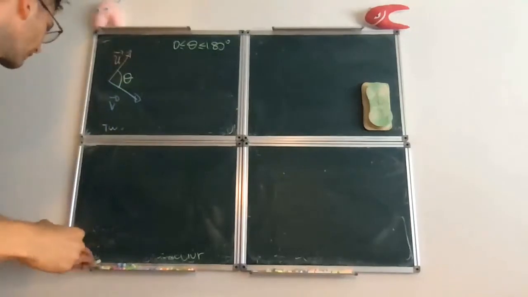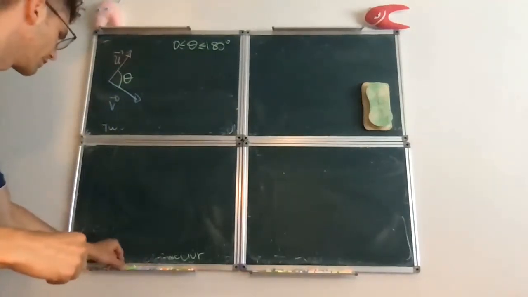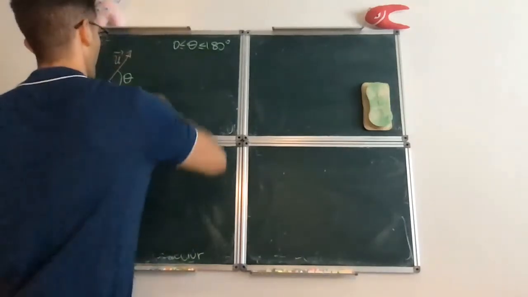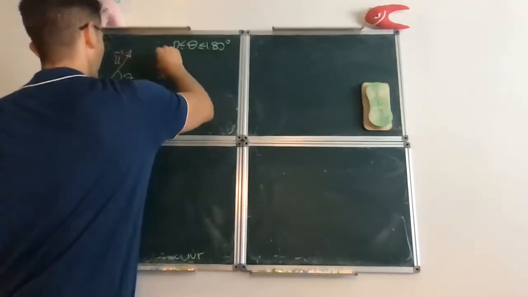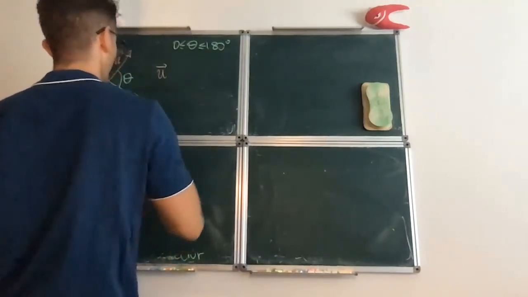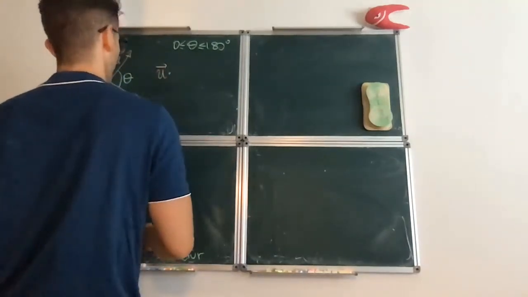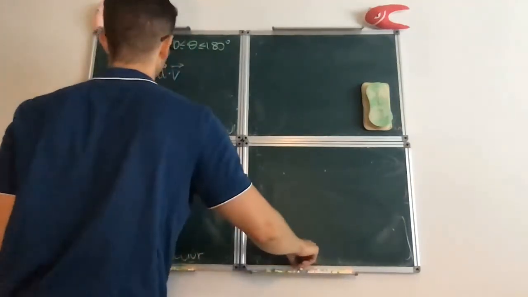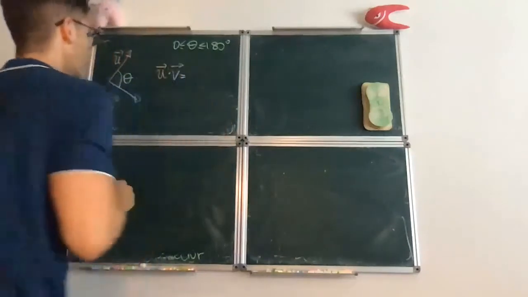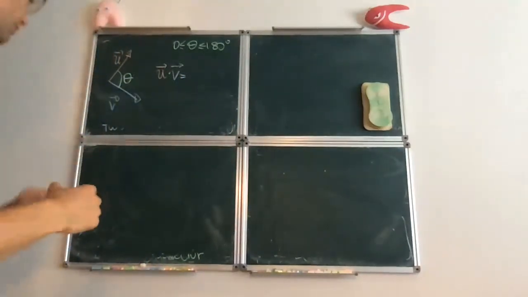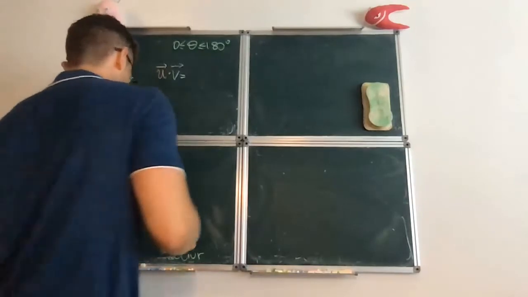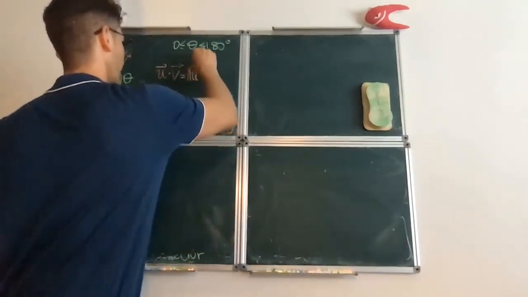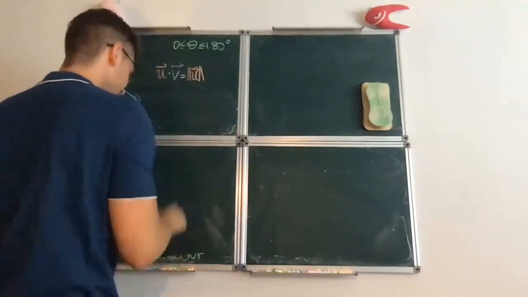And then the key formula of the dot product that you need to remember is that u dot v is, as I said before, going to be a number, and this number you compute in the following way. We take the norm of u, which is again just the size of the vector.